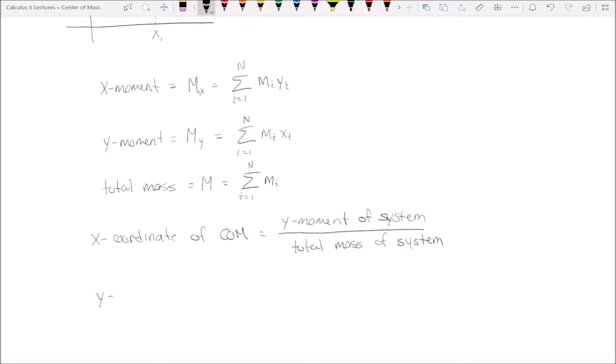The y-coordinate of center of mass would be the x moment of the system divided by total mass of the system.